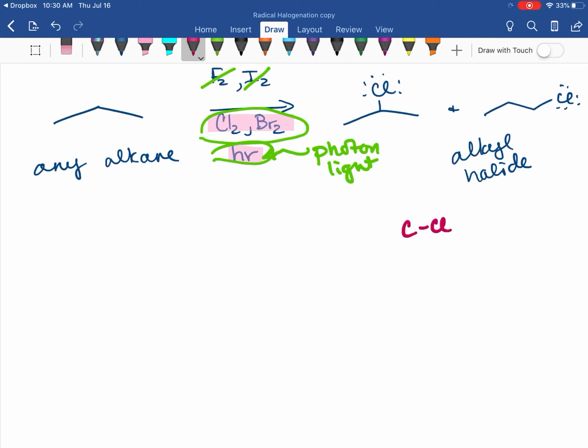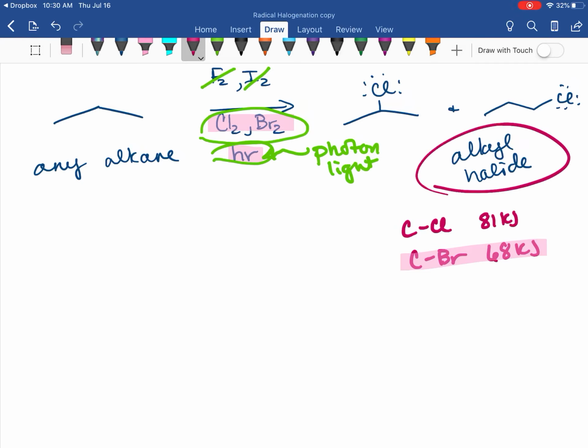When we take a look at our actual bond energies, a carbon-chlorine bond has just dropped in energy to only 81 kilojoules. If we are looking at a carbon-bromine bond, we have dropped all the way to 68 kilojoules, meaning we are going to take our alkane and make it reactive towards other reactions.